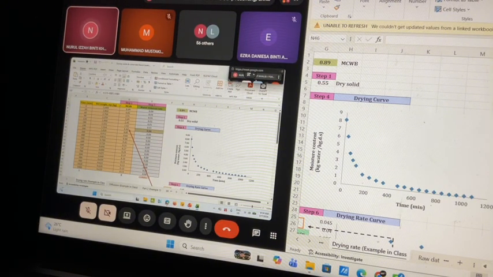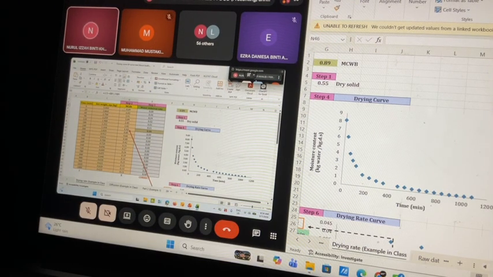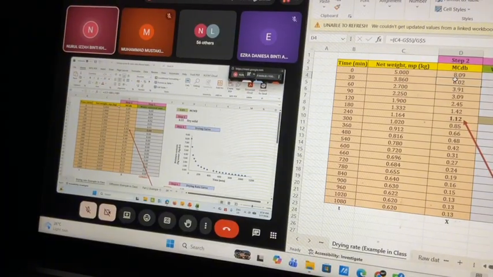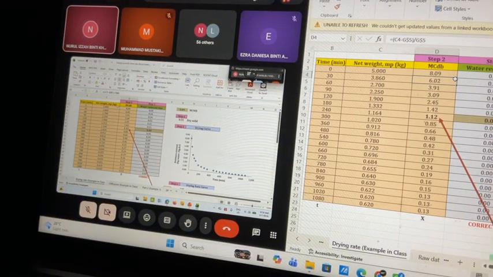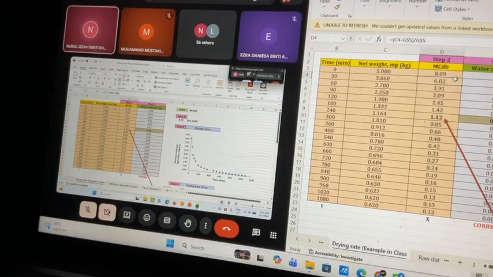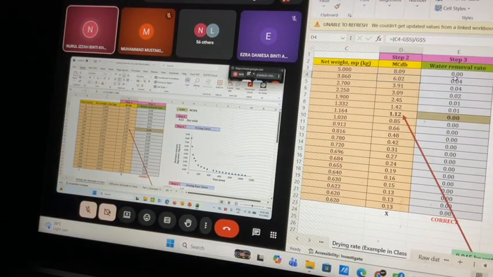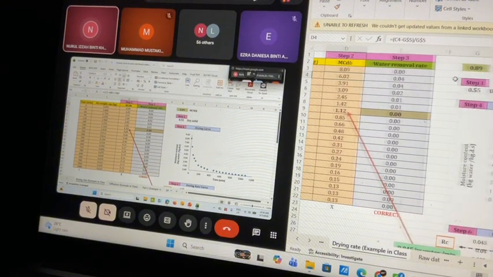So step 2 here is where you calculate the moisture content on a dry basis. What you do is use the formula where you know the mass of the product, you minus the amount of solid, and you divide it by the solid, so you will get this answer.